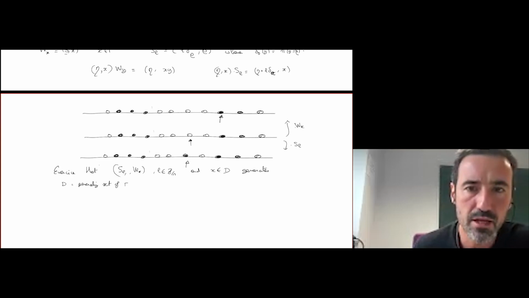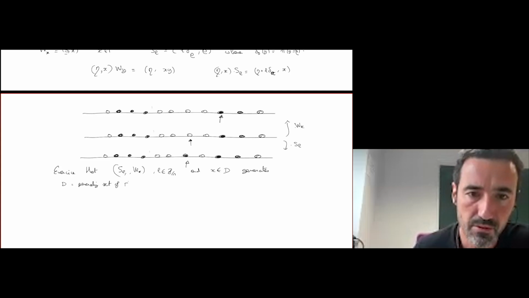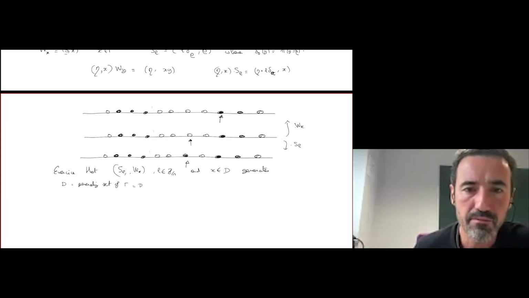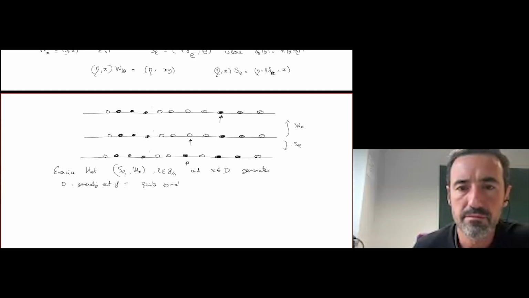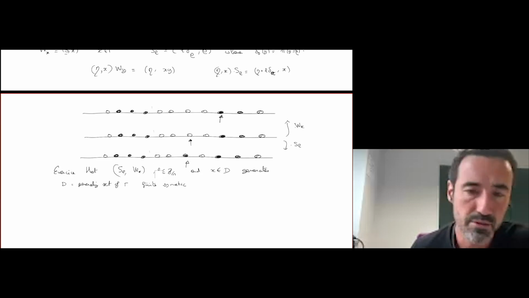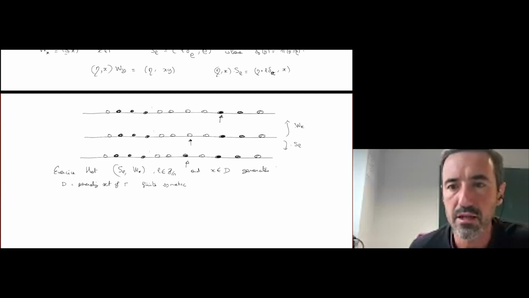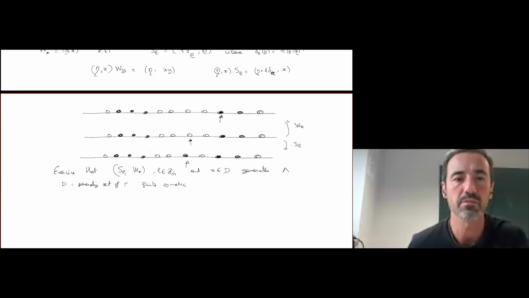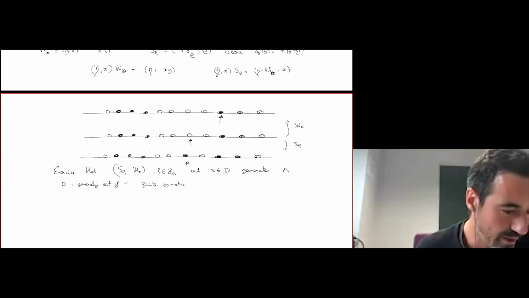So you start with some generating set for the workspace, which is finite and symmetric, and it's an exercise that SL, Wx, with L any possible position of the lamp and x in D, generates lambda, the Lamplighter group. But we will not be interested in this Cayley graph.